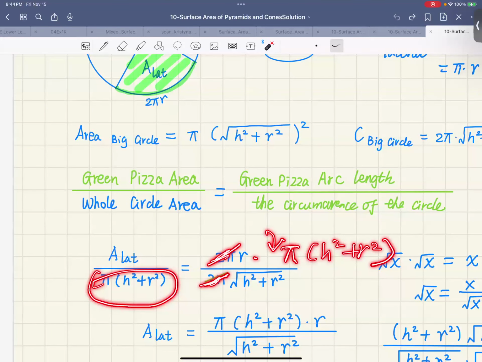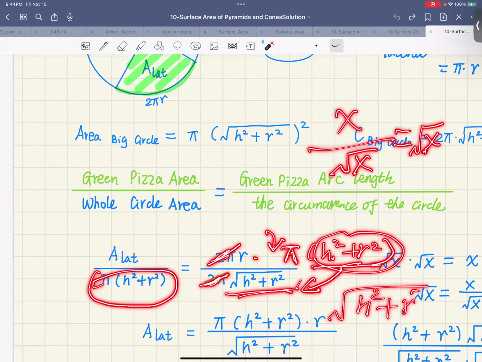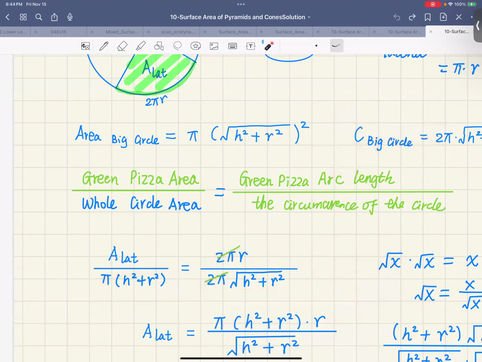So r times pi times that guy. Look, this divided by this will be, what do you think? X divided by square root x is square root x. Correct? Yes? Yeah. So this guy divided by this guy is just this. Okay? Make sense?